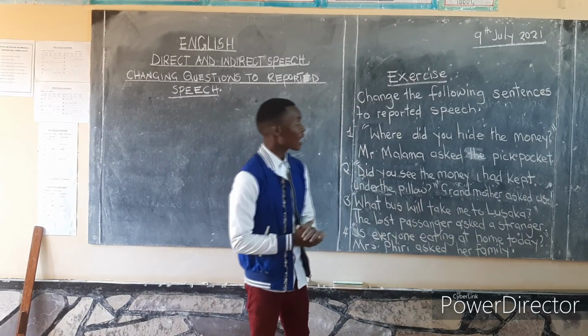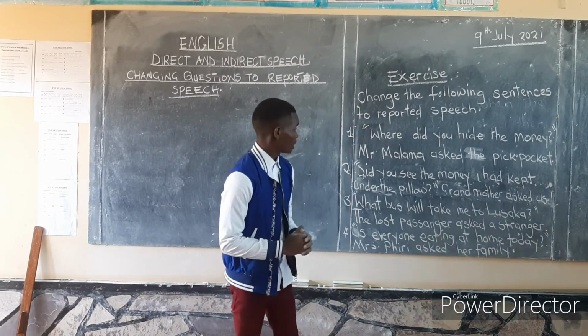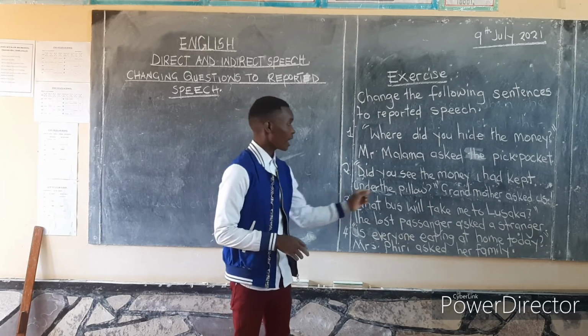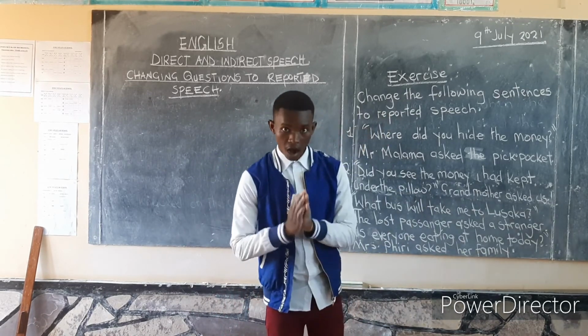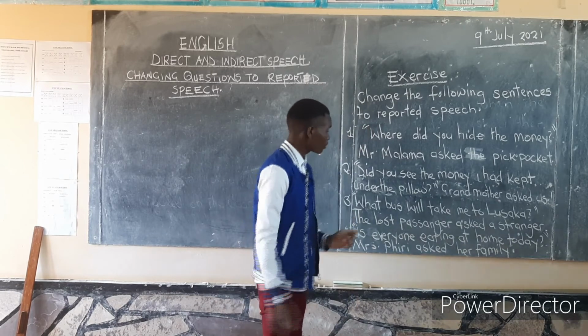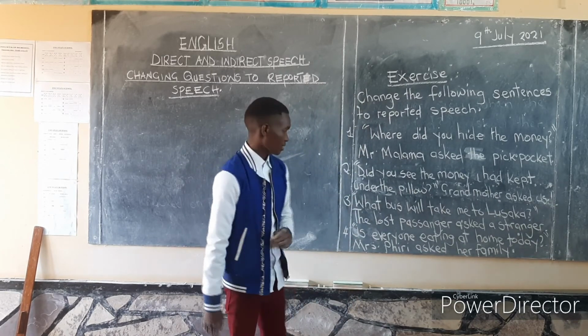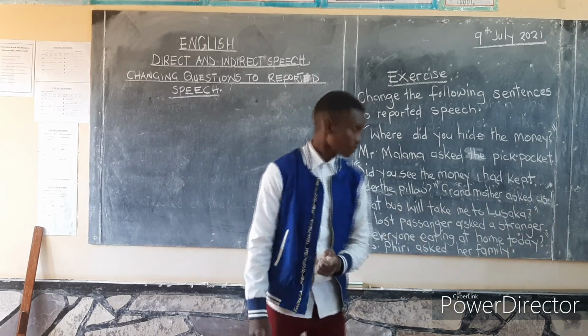Mr. Malama asked the pickpocket. Question 2, did you see the money I had kept under the pillow? Grandmother asked us. Question 3, what bus will take me to Lusaka? The lost passenger asked a stranger.